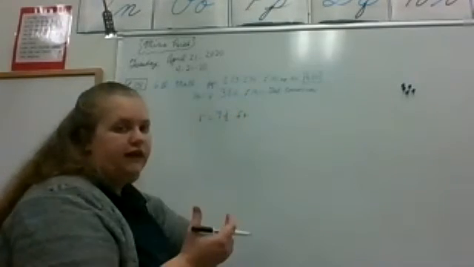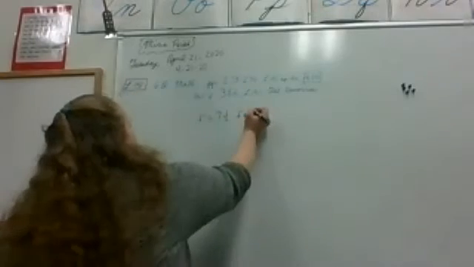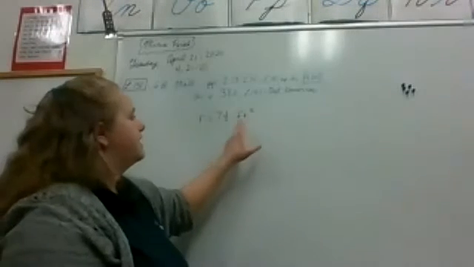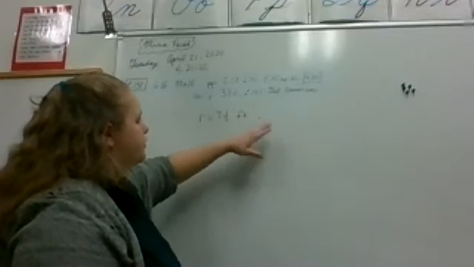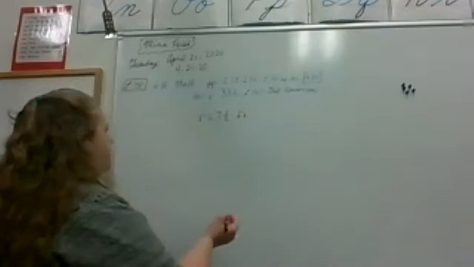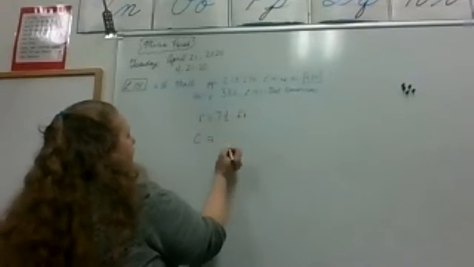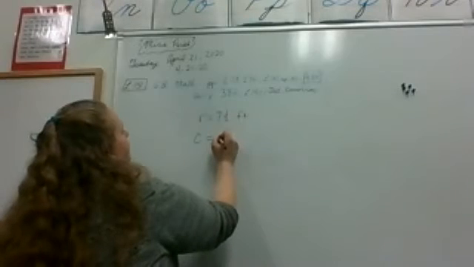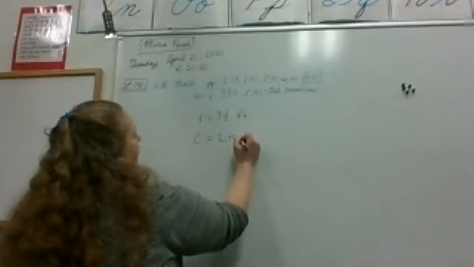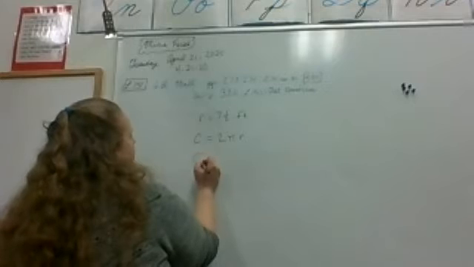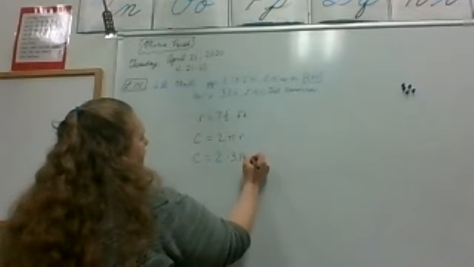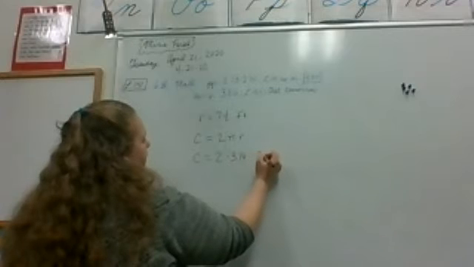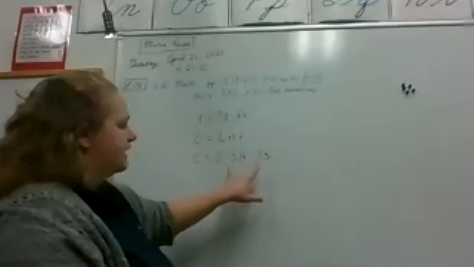I'm just gonna reiterate that if we're gonna square it, the 2 goes after this, because then it's not confused with the number, okay? But that's not what we're squaring right now. So I'll show you when we get the answer. So if we're doing circumference, we need to multiply 2 times pi times r, right? So C equals 2 times 3.14 times 7, and we could do 7.5 with the decimals.